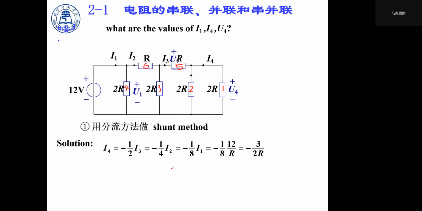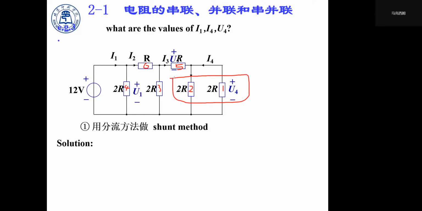How are we going to solve it like this? It's very simple. First thing first, we see that resistor 2 and resistor 1 are in a parallel form.